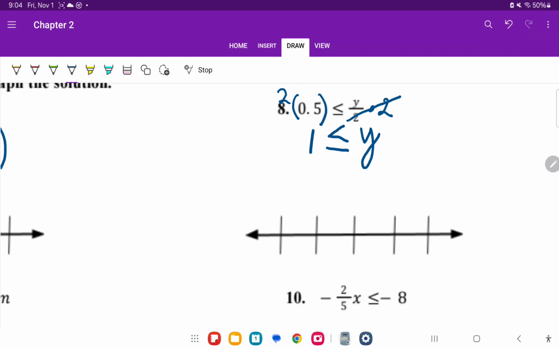But there's one more step we got to do because my y is not on the correct side. Flip it. So what would that be if I flipped it? Y. That side. So right now, this is less than or equal to. What do I have to change it to? That side. So instead of less than or equal to, it's greater than or equal to. Okay, good job.